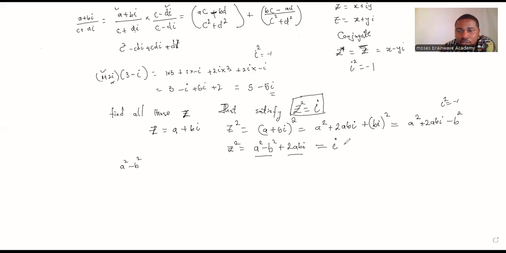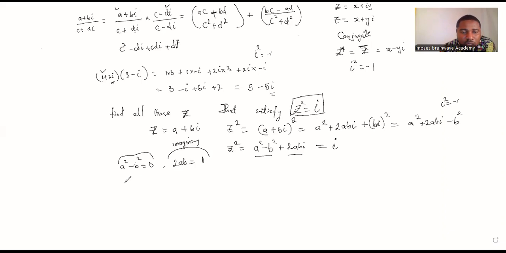We don't have any real part over here, so this is just going to be 0. While here, for the second one, 2ab is going to be equal to 1. Good. So this is for the real part of this particular equation, and this is for the imaginary part.